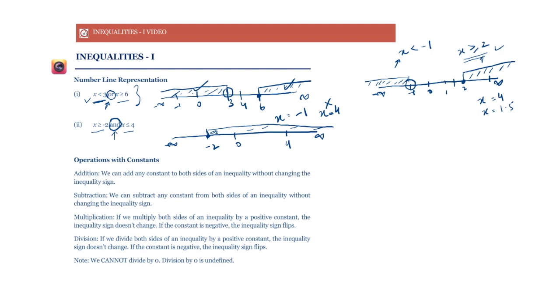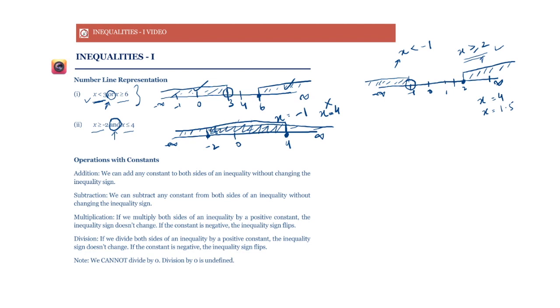And x is less than or equal to 4. So less than or equal to 4 means this particular region, including the point 4. Now, note that we have an and over here, which means that the values of x should satisfy both of these. It is the overlapping region which will give us the solution.